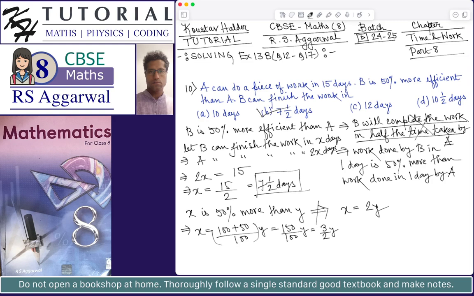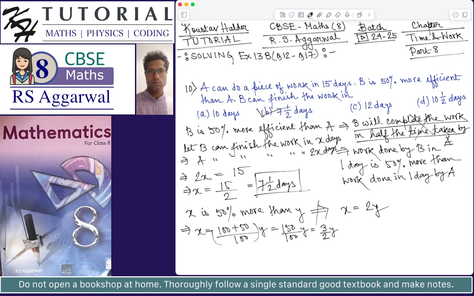So when I said that B is 50% more efficient than A, it definitely means that B will take less time than A to complete a work, and I thought that B will complete the work in half the time taken by A. So that is the mistake. I thought that 50% more means twice, but it is not.